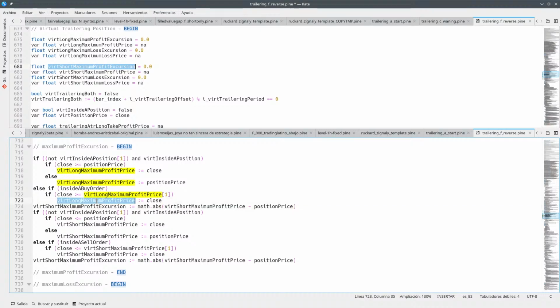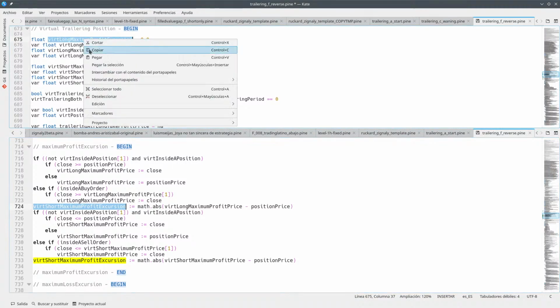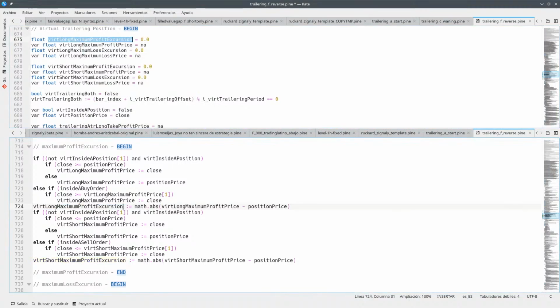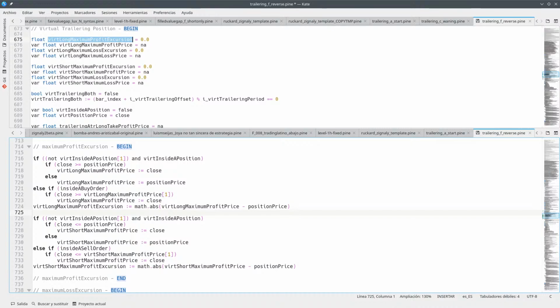So this should be the long one here with the position price. This should be the long maximum profit excursion, which is this one here. That's it. Okay. So this is long. This is short.